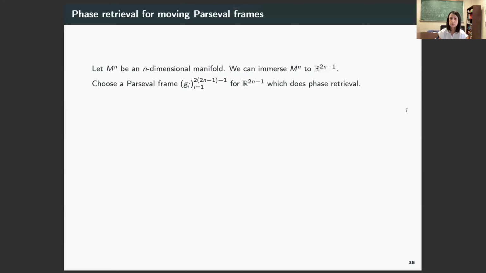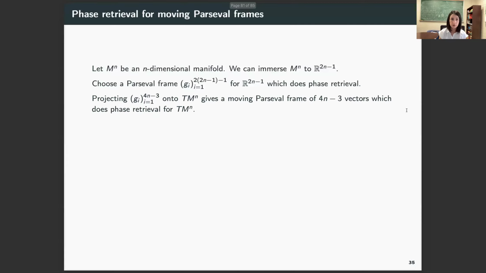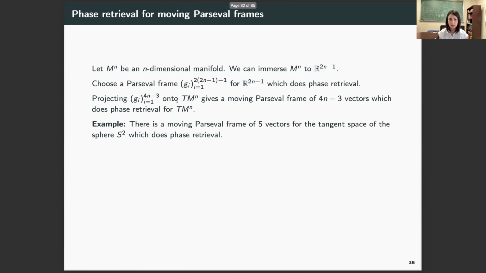And we are choosing a parsable frame of 2 times (2n minus 1), which is 4n minus 3, which does phase retrieval, and projecting this parsable frame onto the tangent space is going to give us a moving parsable frame of 4n minus 3 vectors which does phase retrieval in the tangent space. An example of that is a moving parsable frame of 5 vectors for the tangent space of S2, which does phase retrieval.